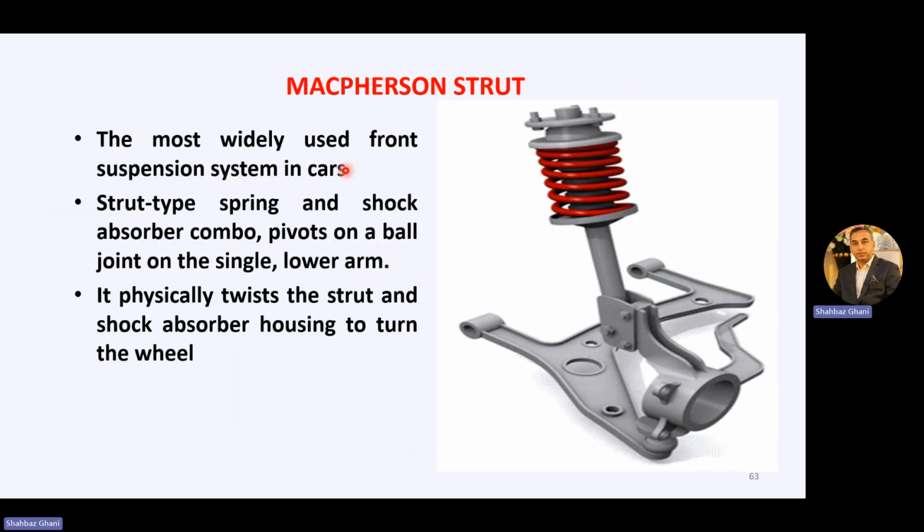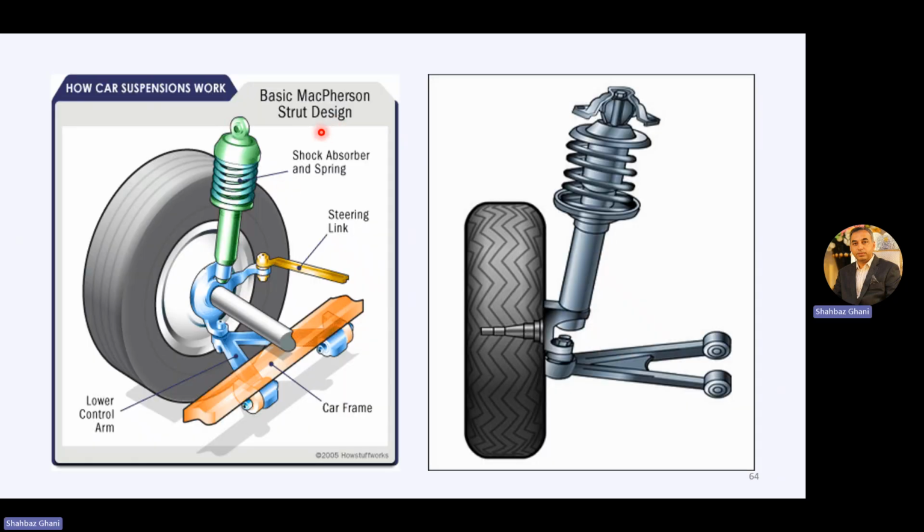The most widely used front suspension system in the car is the MacPherson strut type. The spring and shock absorber combo pivots on a ball joint on a single lower arm. It physically twists the strut and shock absorber housing to turn the wheel. So it is like this. In the basic MacPherson strut design, we have a shock absorber attached to the steering knuckle.